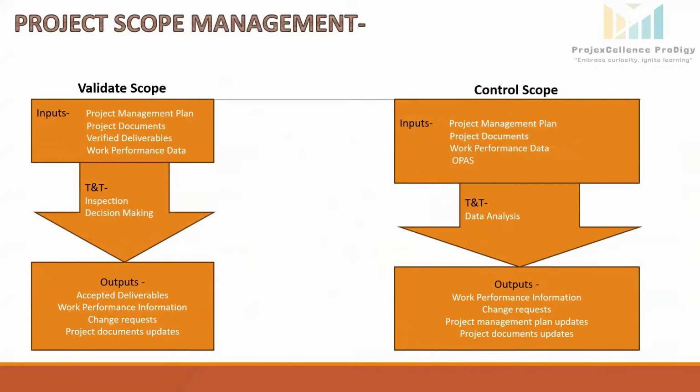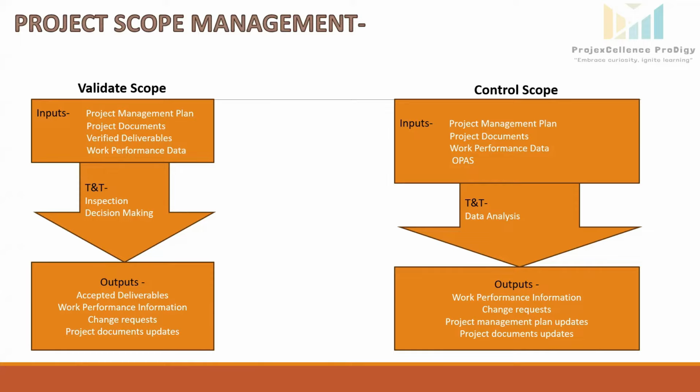Next process is validate scope. Validate scope process is about officially confirming that the project's completed work meets the agreed upon requirements. Its main benefit is that it makes the acceptance process more objective and helps ensure that the final product, service, or result is accepted by validating each piece of work.